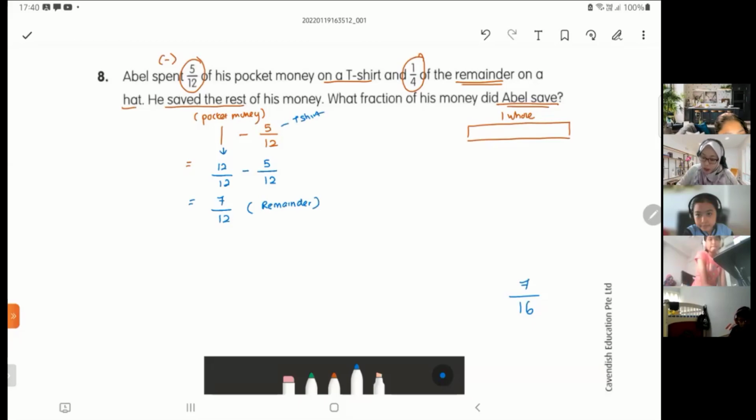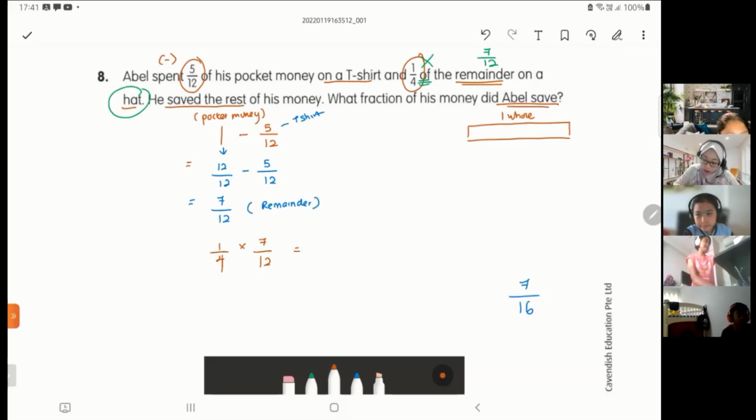Okay, now what does the question say? 1/4 of the remainder. Of means times. The remainder I found out already, right? 7 out of 12, on a hat. So 1/4 of the remainder on a hat. Can we find this? Yeah, I can find this.